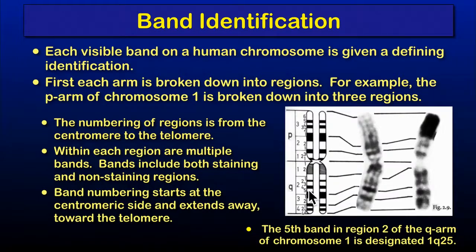So that's how we identify gene locations as well. So if we said a particular gene is at 1q25, you could specify roughly where that is. Okay. Make sense? You certainly don't have to memorize these locations. Some of them will become automatic, like CFTR is 7q31.2. I just know that. It will never leave my brain.